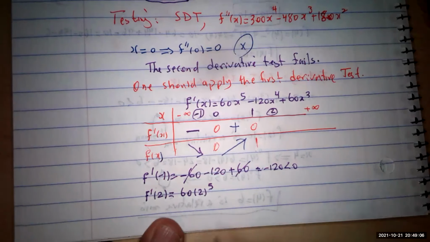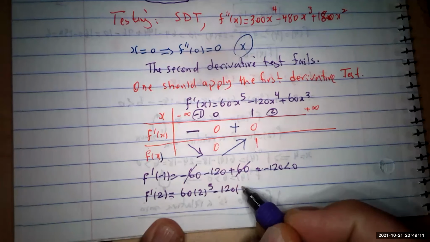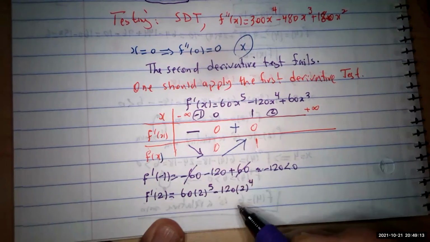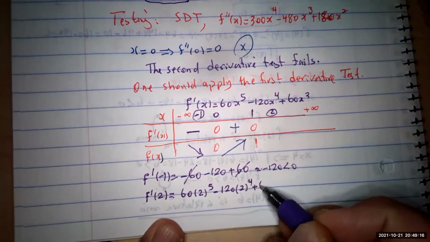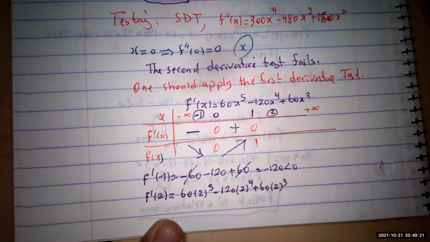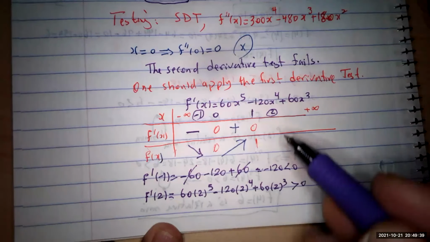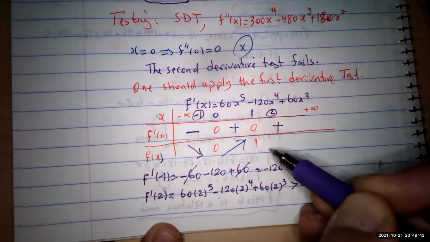You can use your calculator to check it, and eventually this is going to be a positive number, so this is positive again, and it's up.